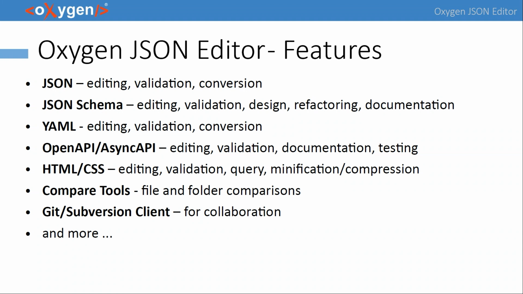And also in this editor, you can also edit HTML, CSS. You can have all the comparing tools that you are used to in our Oxygen products. And for the collaborative part, the Git and Subversion client.